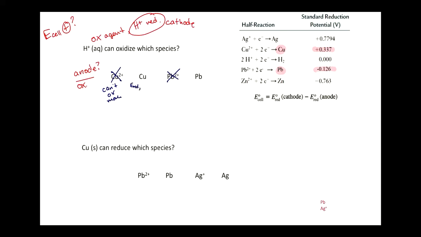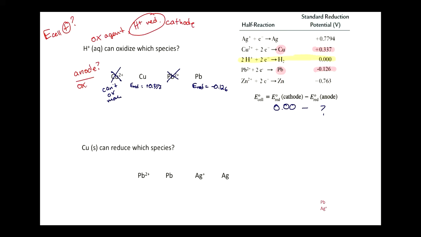The reduction potential of copper is equal to positive 0.337, and for lead, the reduction potential is negative 0.126. So if we combine this with the reduction potential of H+, which is going to be our cathode, I'll just highlight that right here. When we plug these values into the cell potential equation, we're taking 0 and subtracting some number here.